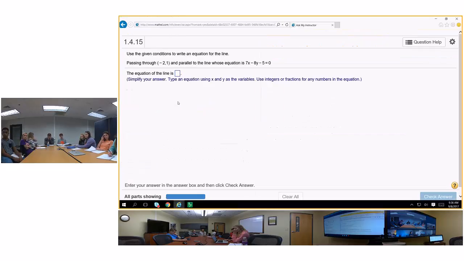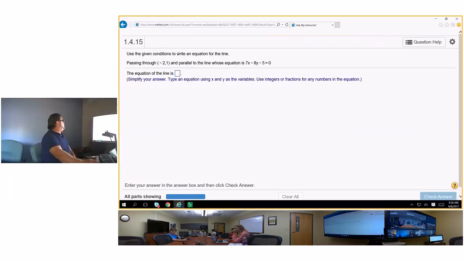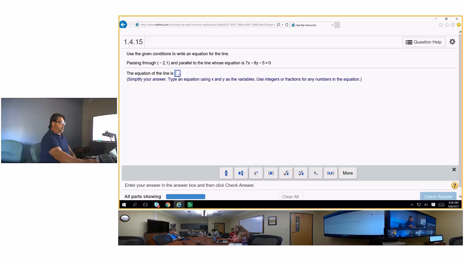It says write an equation for the line passing through this point that's parallel to this line. And let's check it and make sure that Hubert knows what he's talking about.